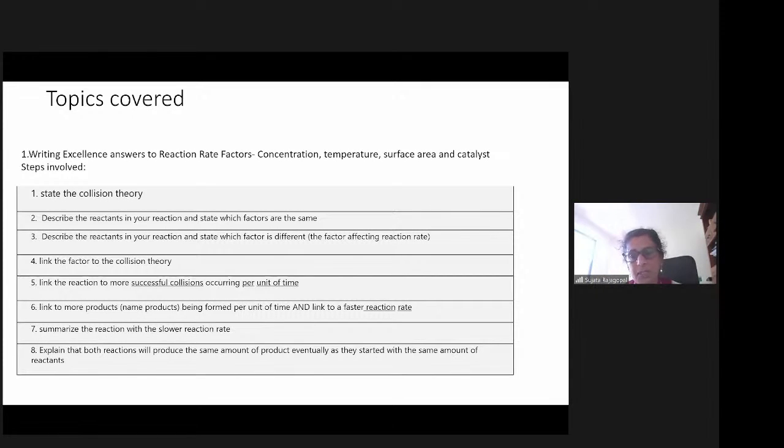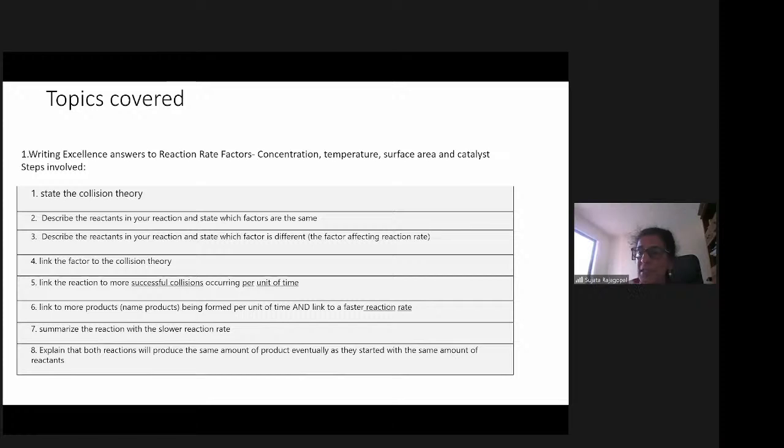If it is concentration, look at which of the reactants' concentration has increased. Normally it is an acid. So you would say, as the concentration of the acid increases, there are more particles of it. If it's HCl, you will say more particles of HCl are available for reaction.